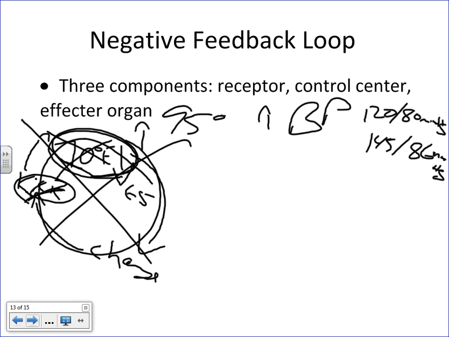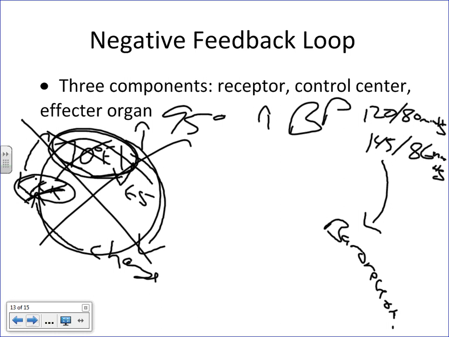So the blood pressure goes up. There's going to be a receptor called a baroreceptor. Baro means pressure. These baroreceptors are found in your carotid arteries in your neck, in what are called the carotid sinuses.